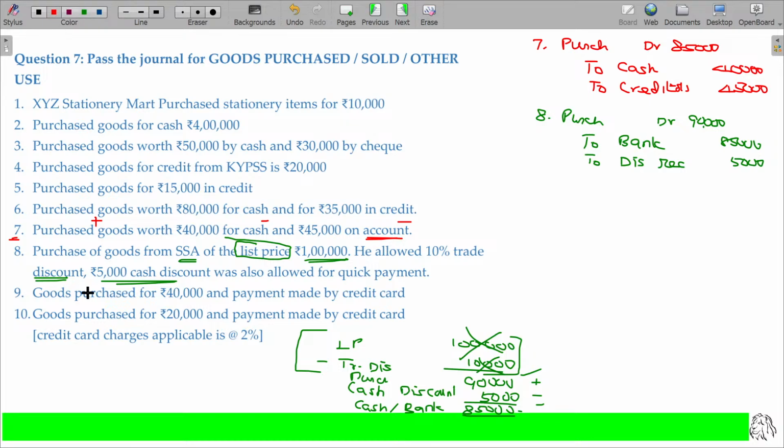Ninth one. Goods purchased for rupees 40,000 and payment made by credit card. Very simple. Credit card is nothing but again bank. Is that clear? Now let's see.